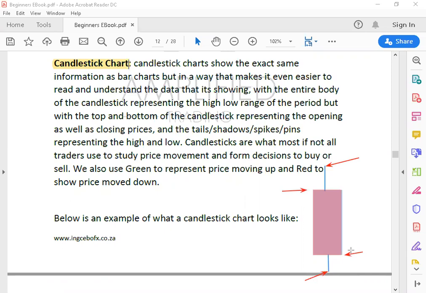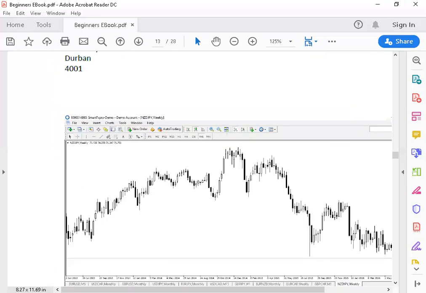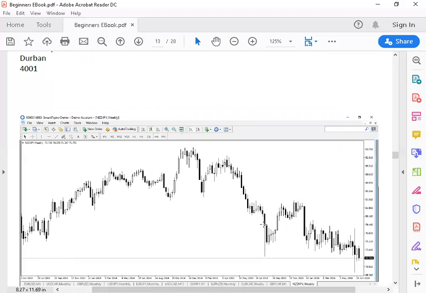All right, so let's check out an example of how it will look on the chart. This is what it looks like exactly. As you can see, if we zoom in just a bit, there is a close on the downside.